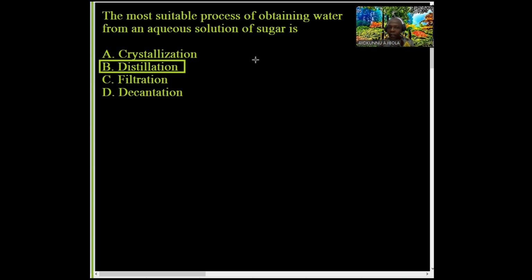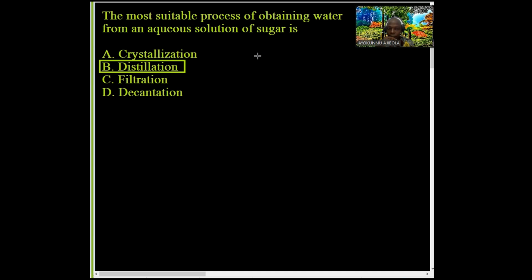Is it sugar you are trying to obtain here, or water? Check again. Removing water. So is the emphasis on the water or the sugar? You said crystallization is for obtaining sugar and salt, which is correct. But if the emphasis is on the solvent, it is distillation.